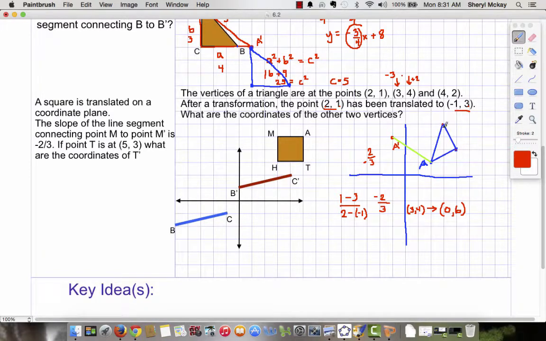Okay, so let's see if that actually worked. I would have gone up 2, 1, 2, and back 3, 1, 2, 3 is right there. And this is 1, 2, 3, 4, 5, 6. Yep, (0, 6). See if you can do this one, (4, 2). Using that same rule, we're going to go up 2 and back 3.